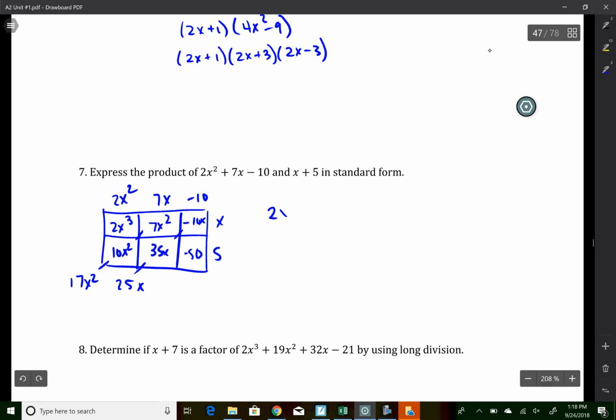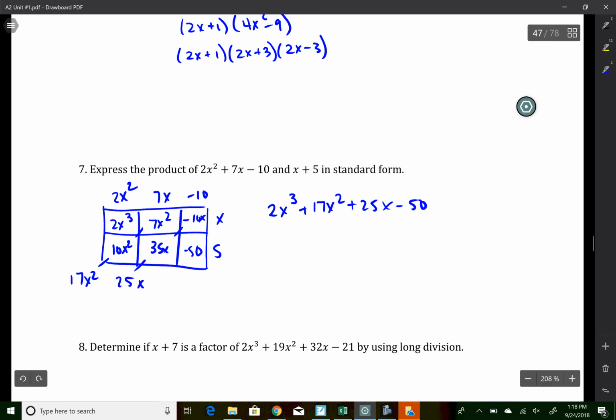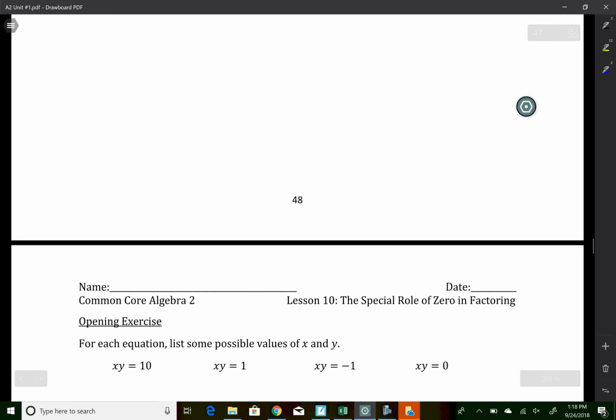So I have 2x squared, not squared, cubed, plus 17x squared plus 25x minus 50. Review question for your quiz coming up.